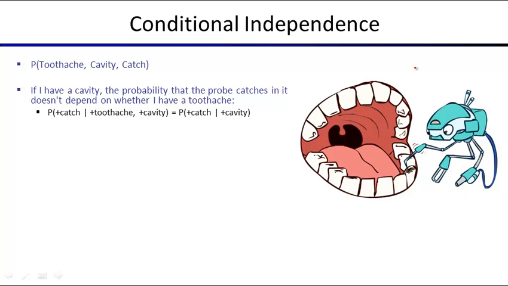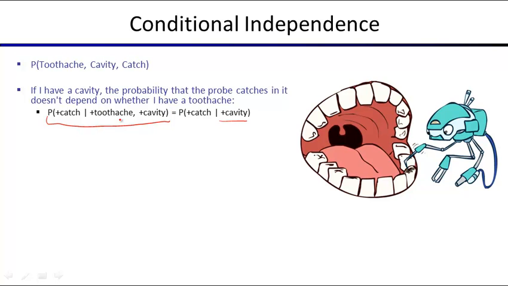Then you can start looking at properties of this distribution. Let's say we look at this entry over here, conditional distribution, and we look at the probability of there being a catch, given that there is a toothache and there is a cavity. And we find out that that's actually equal to the probability of there being a catch, given that there is a cavity.